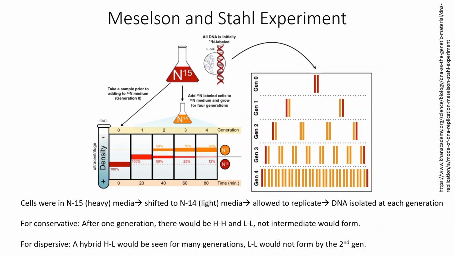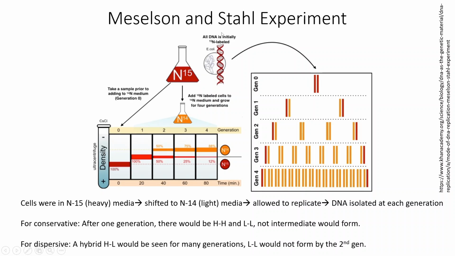In 1958, Meselson and Stahl performed this experiment to rule out any other posited modes of DNA replication, whether conservative or dispersive, and to show whether it's semi-conservative. So how did they do this?